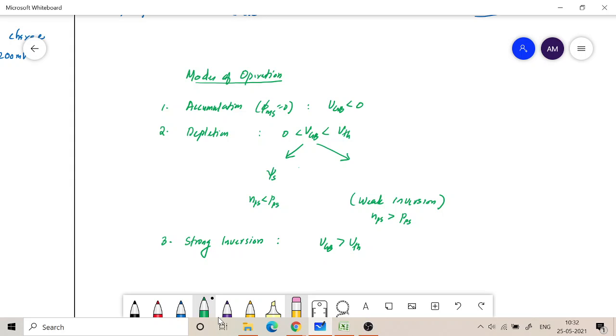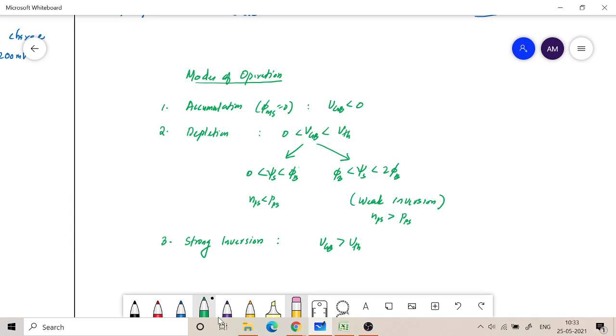So psi S is between 0 and phi B, and then here psi S is between phi B and 2 phi B. What is the difference between VGB and psi S? VGB is the applied voltage. That applied voltage will be partially dropped across the oxide and the remaining will be dropped across the semiconductor interface. The voltage drop across the semiconductor interface is psi S.